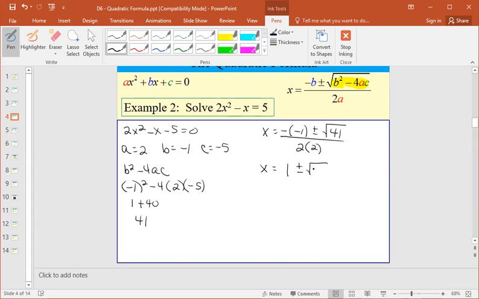It's not a perfect square, so we're going to leave the 41 alone. 2 times 2 is 4. So here we have 1 plus the square root of 41 divided by 4, and 1 minus the square root of 41 divided by 4. So it works the same. It's just your a value is a different number.